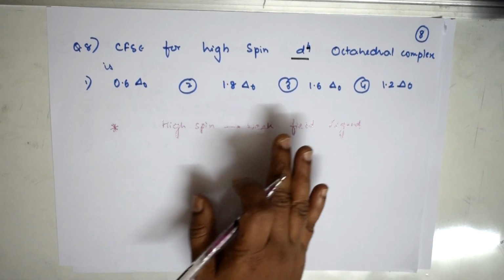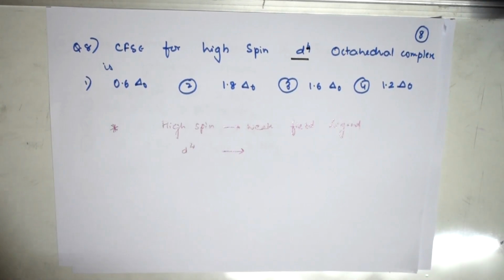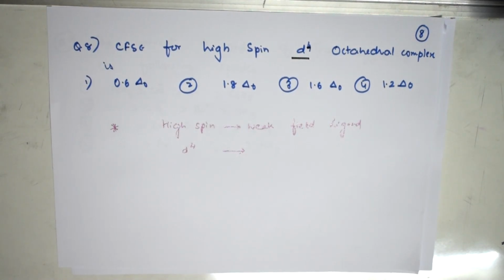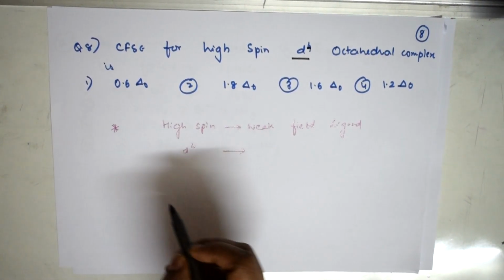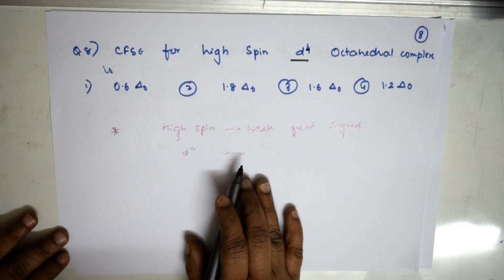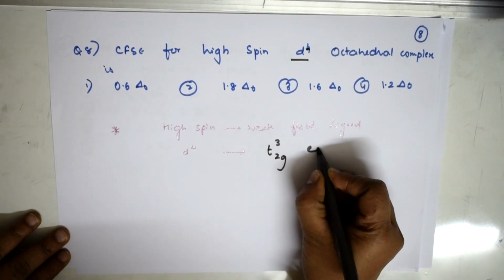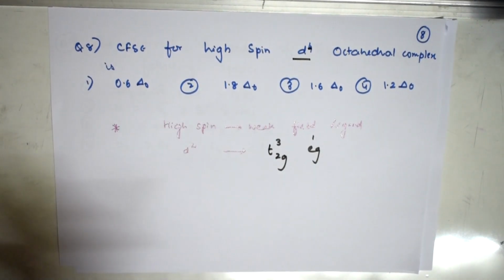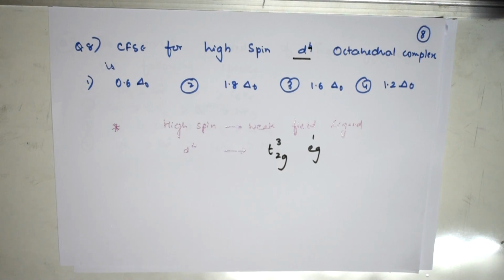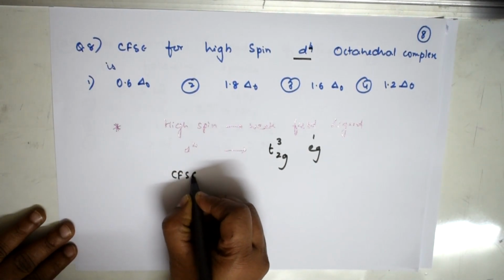So for high spin, weak field ligand, what is the configuration they have given? d4. Now we very well know for the weak field ligand, it will not pair up. If it is not going to pair up, what is the configuration? It is t2g3 and eg1. Now, according to crystal field stabilization energy, how to calculate?